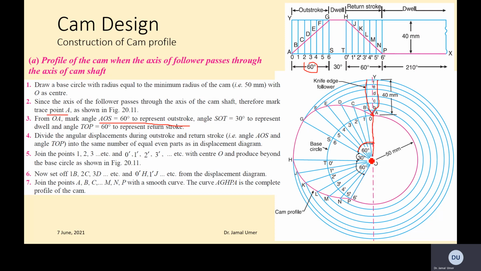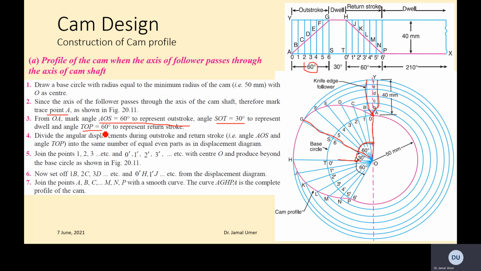Then angle SOT 30 degrees, this is the dwell, so mark another 30 degrees to represent the dwell.